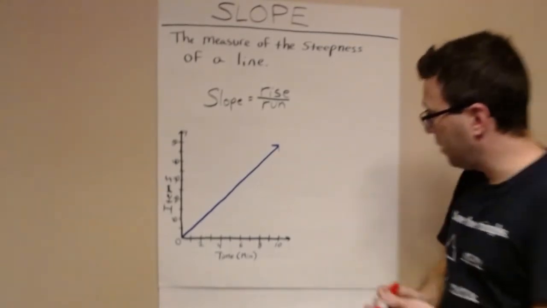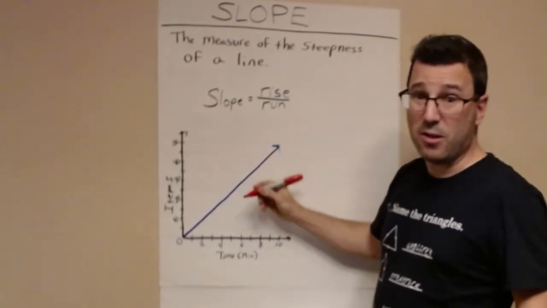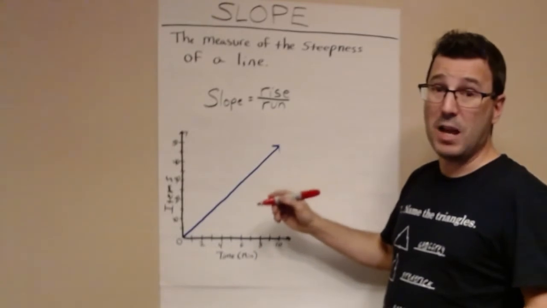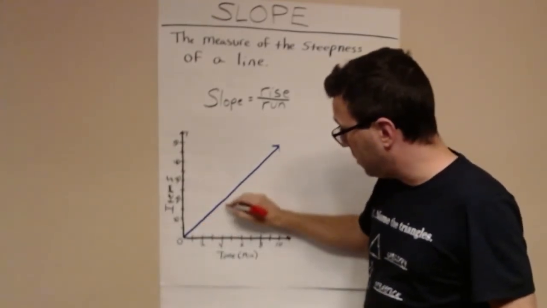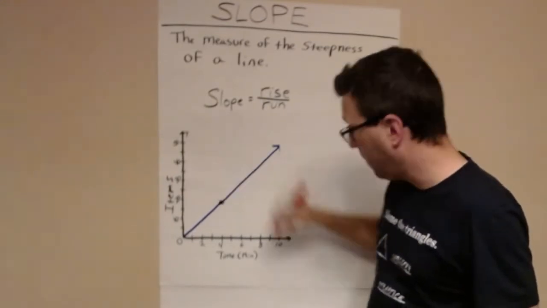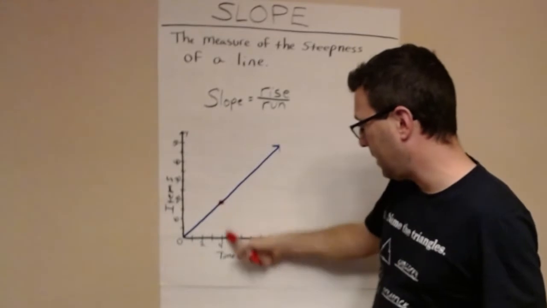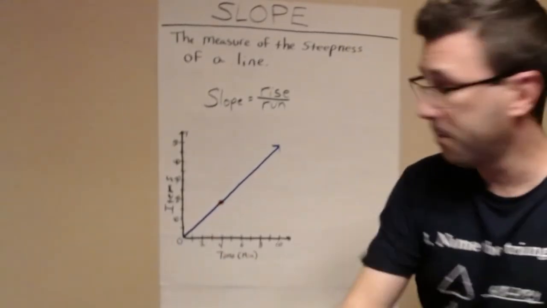So I'm going to choose a point. Really, it doesn't matter because any points along the line are going to work. So I'm going to choose right here. All right. So that's at 4, 20. Okay.